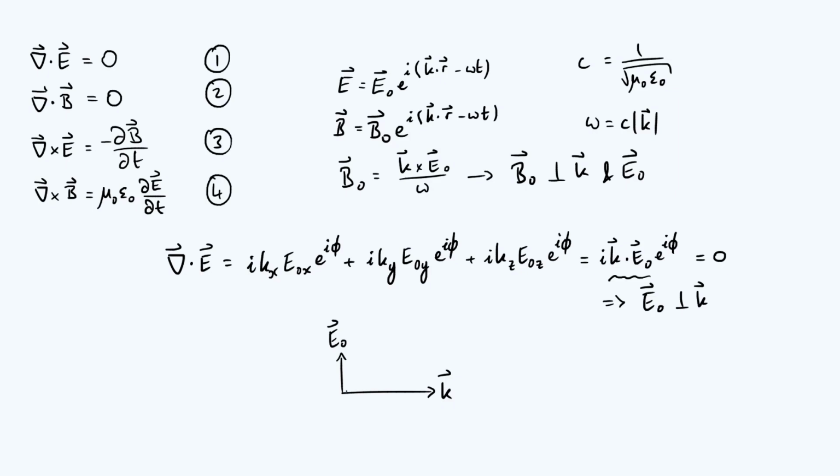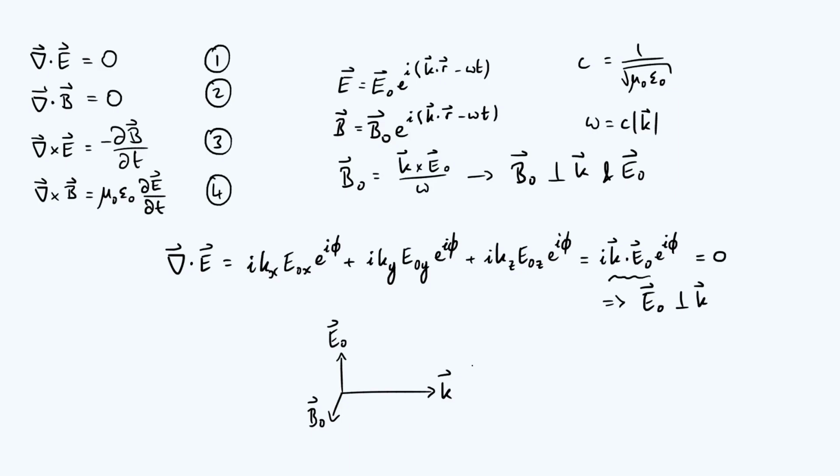We can actually decide using this cross product here, k cross E naught divided by omega, and you can use whatever method you like the most to work out the direction of cross products. I use the right hand rule, which tells me that B naught should actually be coming out of the page like this. So they're all mutually perpendicular to each other.